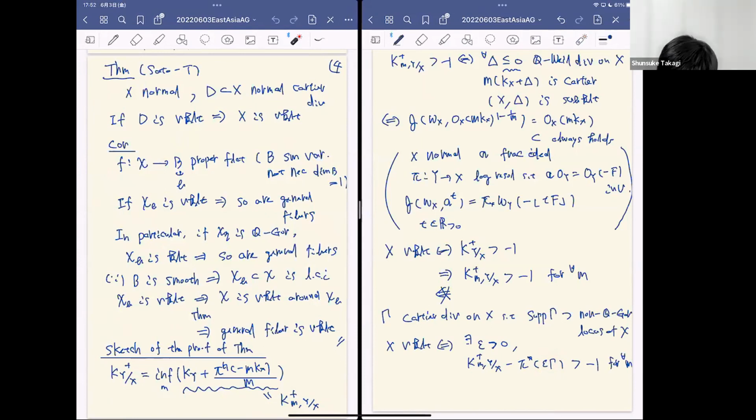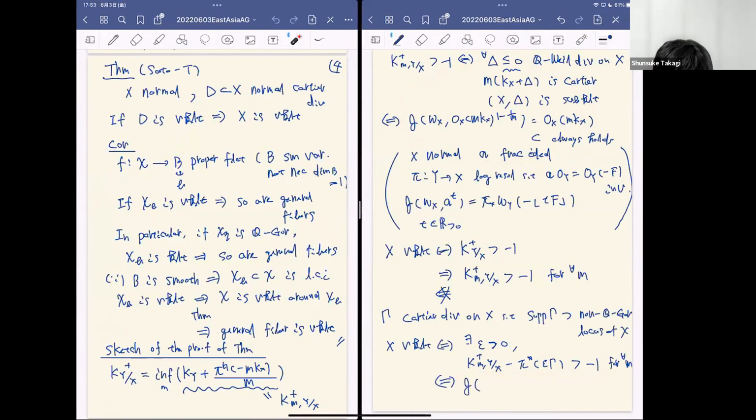And this condition, as above, can be characterized in terms of the multiplier ideal, like this.